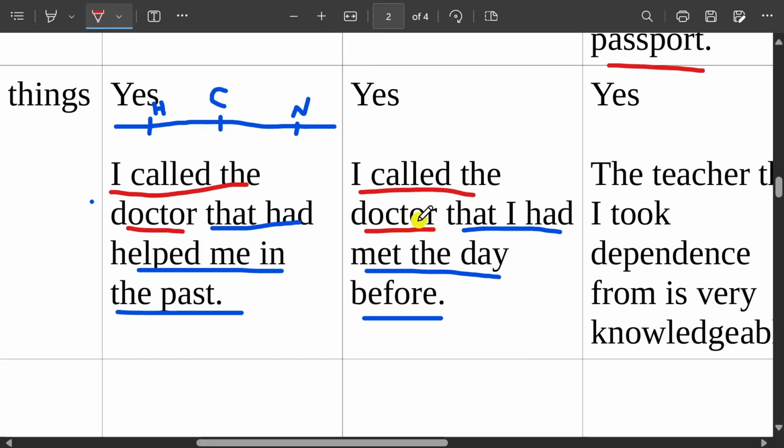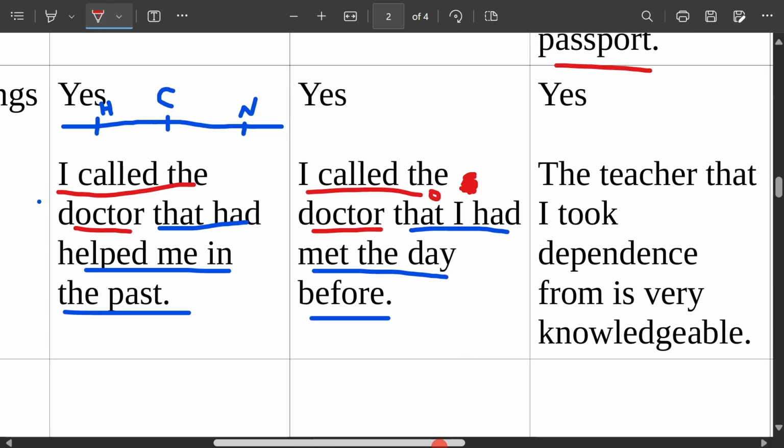I called the doctor is the same, but now that I had met, this is the object. You meet someone, right? So the subject here is I. I is the subject. And that is the object. Right? Is this defining or non-defining? Defining. Yes.